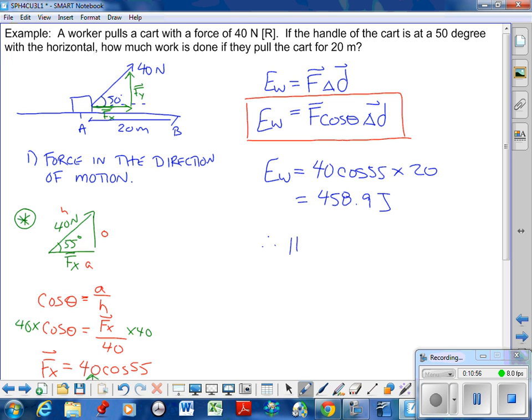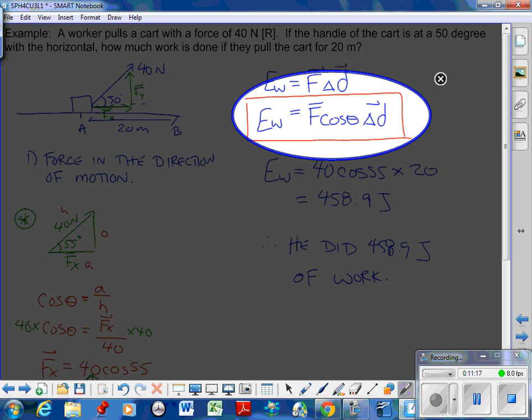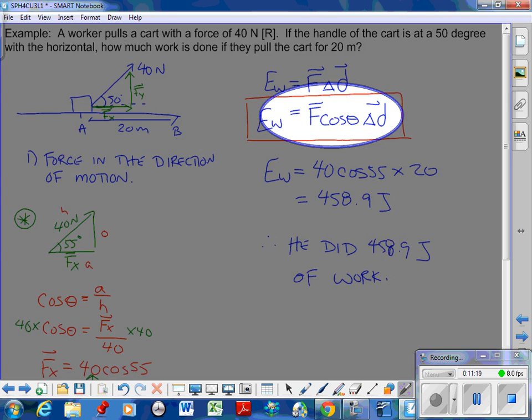So therefore, he did 458.9 joules of work. All right, so again, I'd call that the upper end question. And this is the formula that you need to have on the cheat sheet. You just need to add the angle in, that's the only difference.